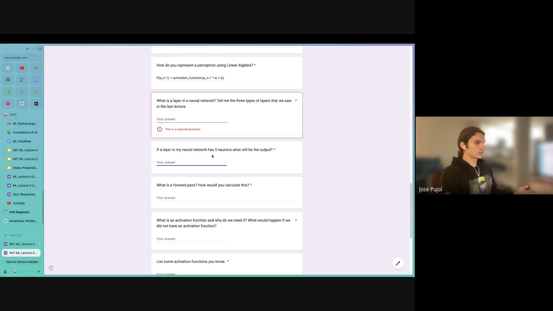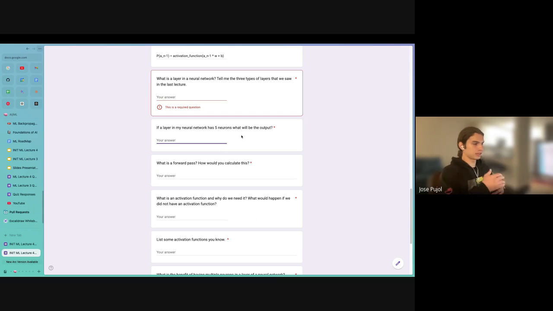If a layer in a neural network has 5 neurons, what's the output going to be? Alex, you probably don't know for this one. It's not a trick question. We're just going to have 5 activation outputs. That's all I was getting at.